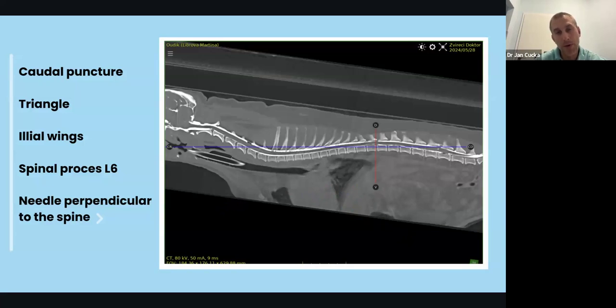We will put 2 fingers on the iliac wings and 1 finger on the spinous process of L6. And what is necessary is that the needle should be perpendicular to the spine. And usually that's the trick, that you have to go very, very perpendicular. And if the needle is not perfectly perpendicular, you could miss the right spot when you are going through the channel.